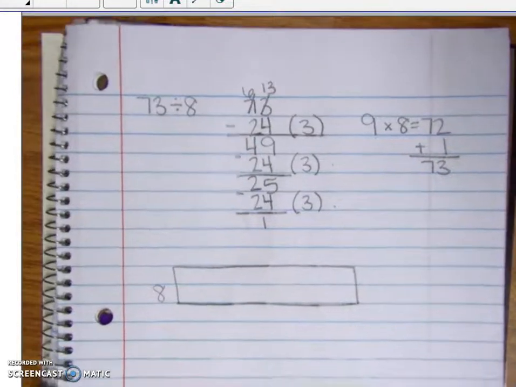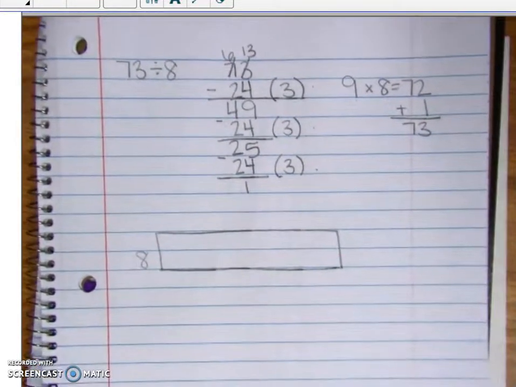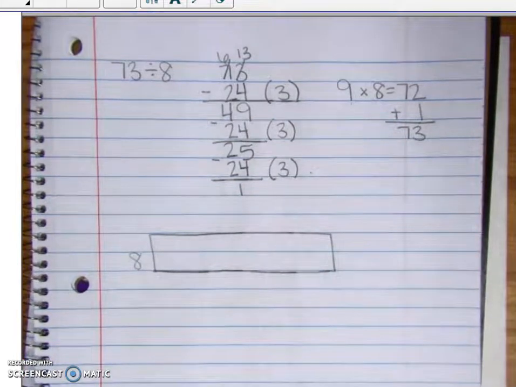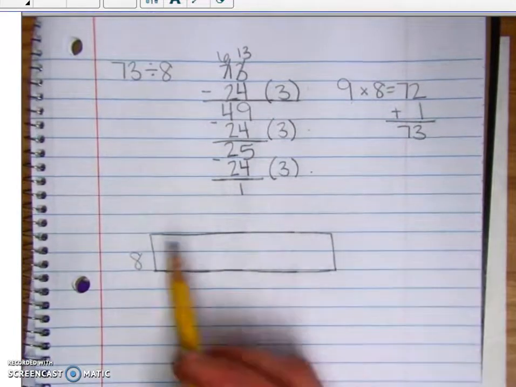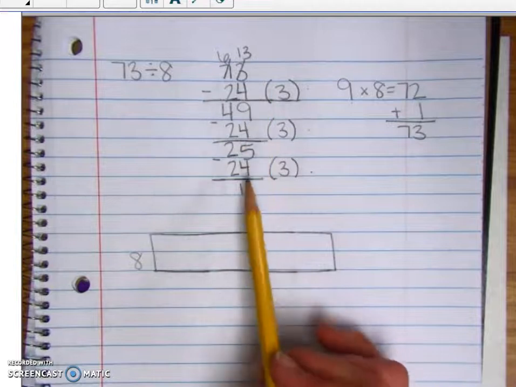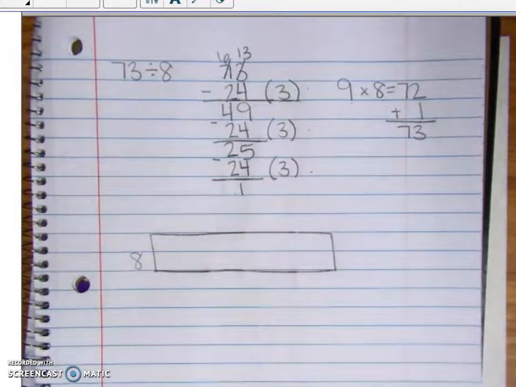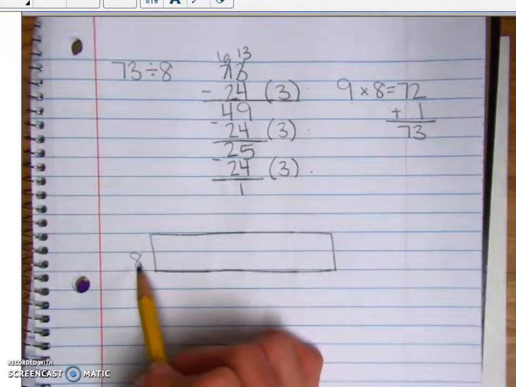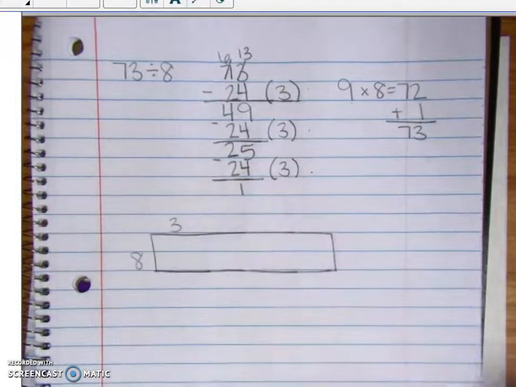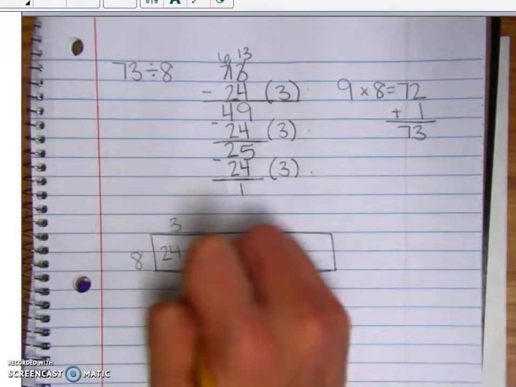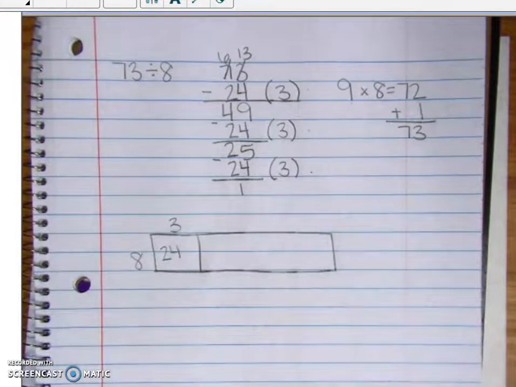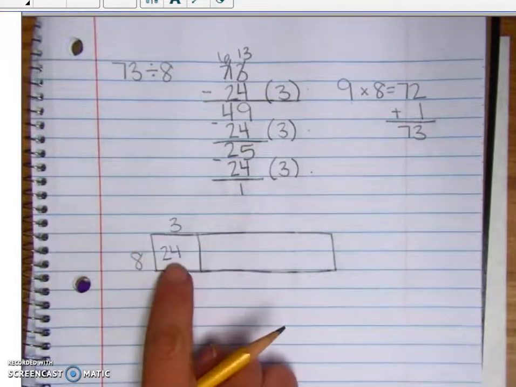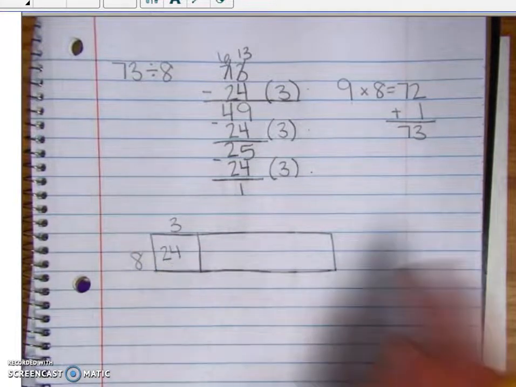We said that you could use a menu down the side to help you, your 8 times tables. I'm going to use this above us to help me. Watch what I mean. If I know that 8 groups of 3 is 24 coats, I can start there. 8 times 3 is 24, right? Okay, go over here to the side.